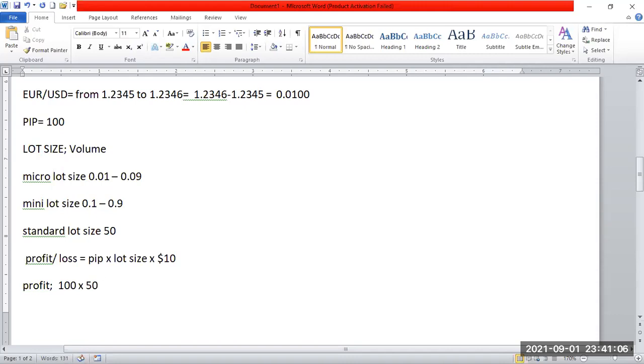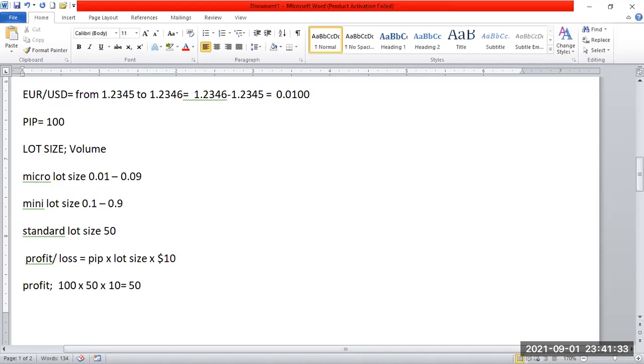And we are multiplying with a constant of $10. Don't forget. So now this will be equal to what? 100 times 50 is 5,000. Times 10 is 50,000.